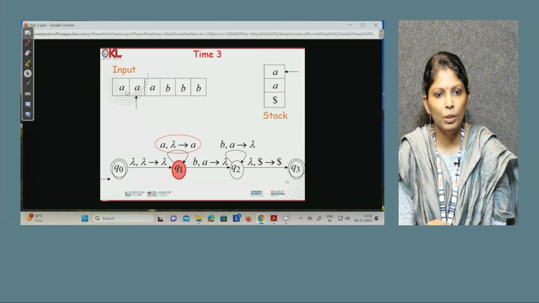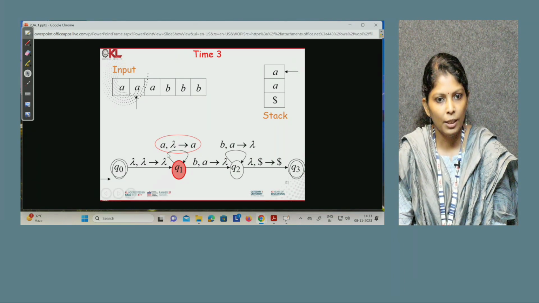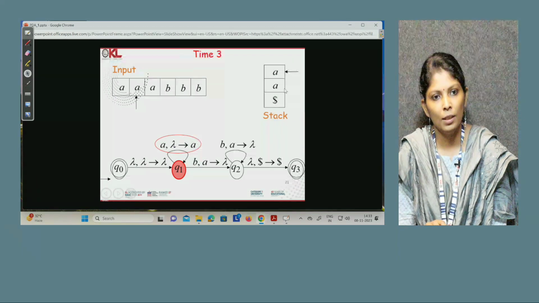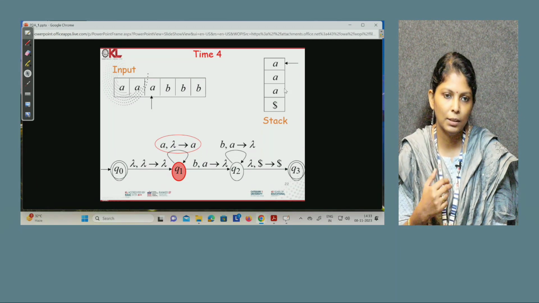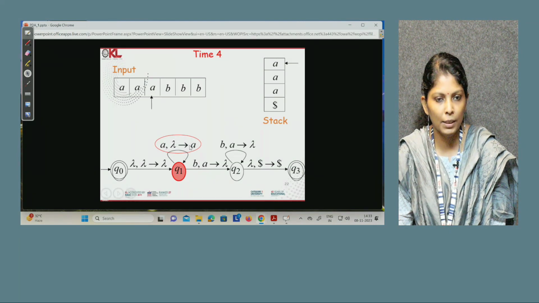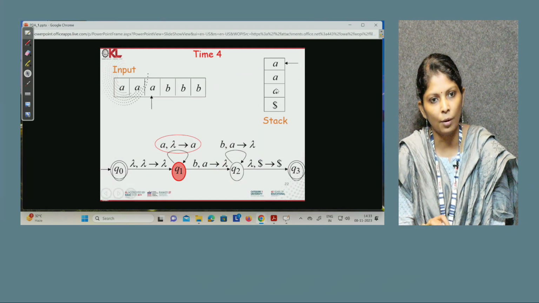Now we read the next A. Again we are in the same state Q1 and the same transition will be taken, that A will be pushed to the stack. So you can see the second A comes to the stack. Then we take the next A. Again the same transition will be taken, that A will be pushed to the stack. So far we have read 3 A's and all the 3 A's are on the stack right now.